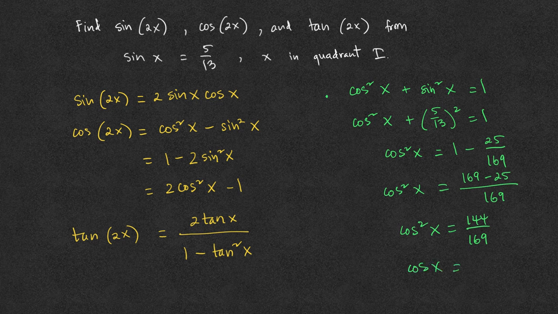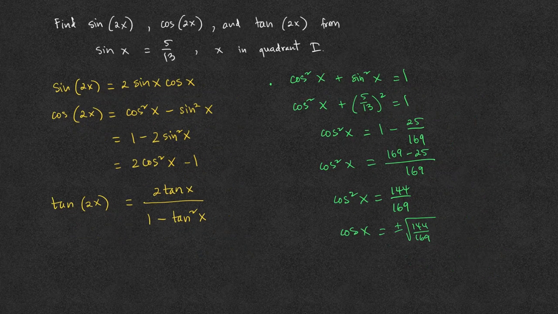Cosine of x is therefore plus or minus the square root of 144 over 169. This is plus or minus 12 over 13. But we were given that x is in the first quadrant, so cosine of x needs to be positive 12 over 13.